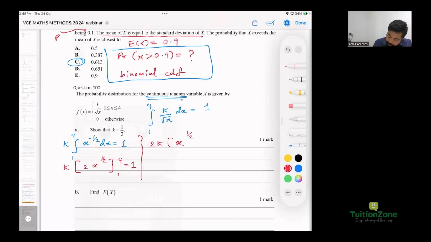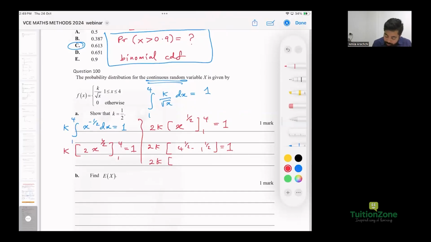If we have any constants inside, take them out. It's so much easier in any question, because you want to make life simple. And then just sub it in. So 2k bracket 4 to the power half minus 1 to the power half equals 1.